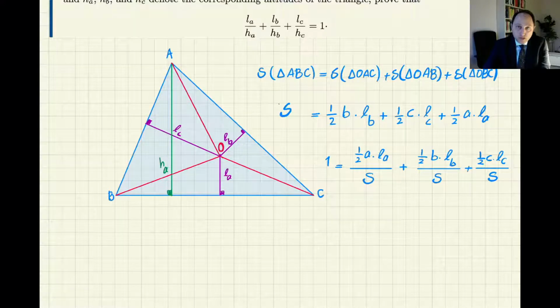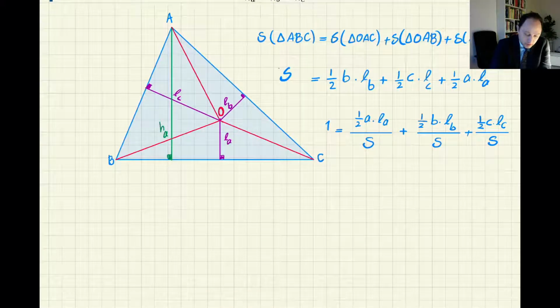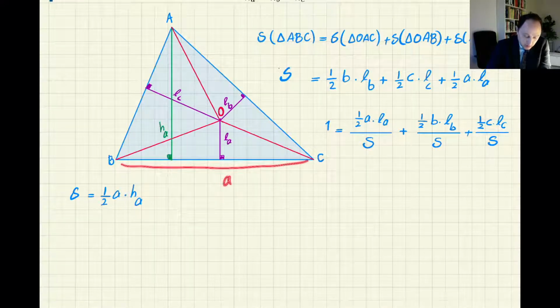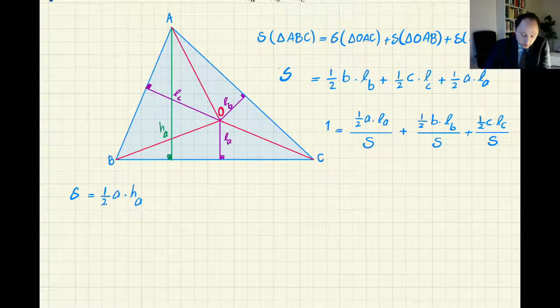I can write the area in 3 different ways, depending on which side I am choosing for the base and which height I am choosing as the height. Yes, so I have 3 formulas for S. S can be written as 1 over 2 A times HA. Yes, is that understandable? So this is A, this is HA. So if I want to calculate the area of the big triangle, one way of doing this is this.